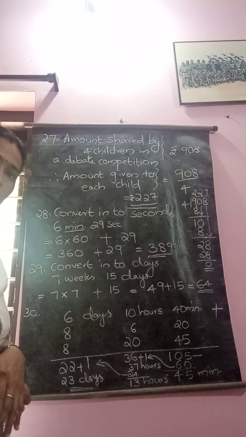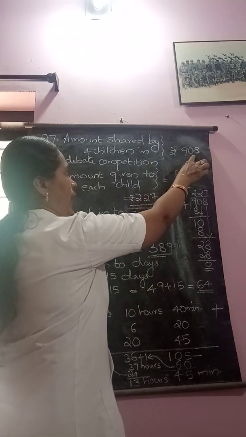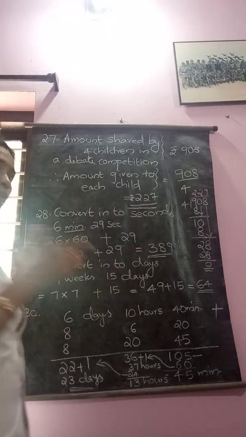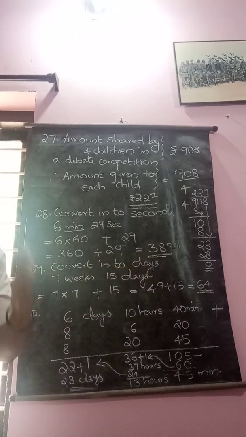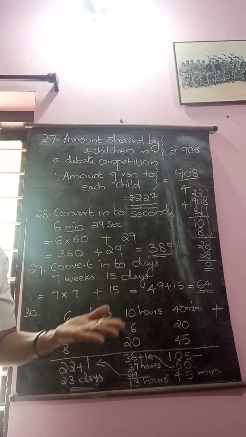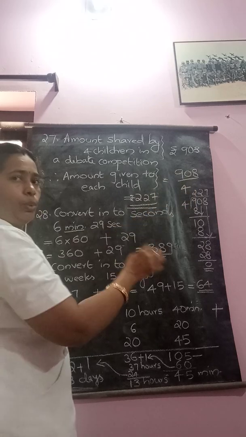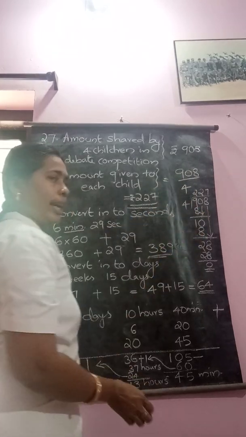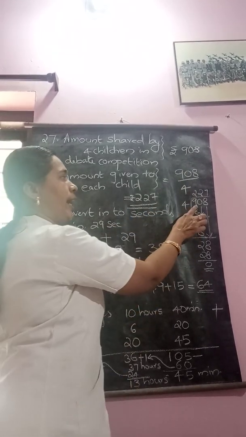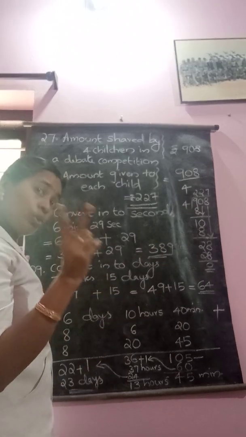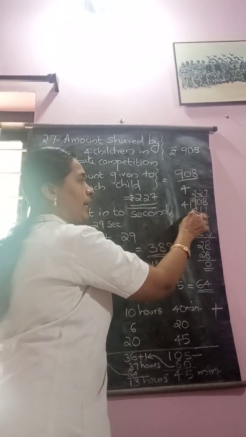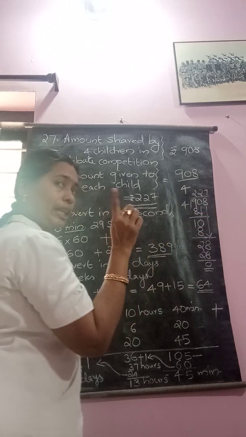For finding that, what we have to do? The total amount divided by 4. We are sharing it, or we are dividing it. Okay. So division we have to do. So apply the long division method. 908 by 4. Think about in 9 how many 4s are there? 2 4s are there. 8. 9 minus 8, 1. Bring down the digit 0.